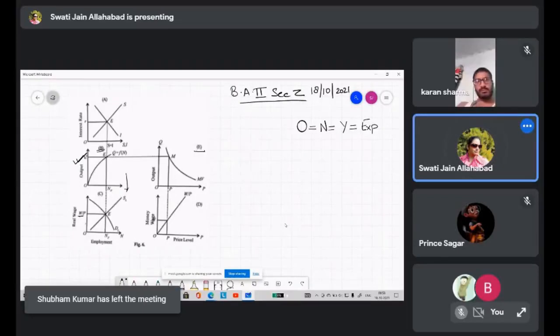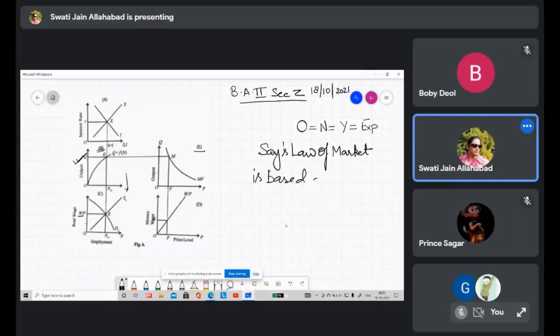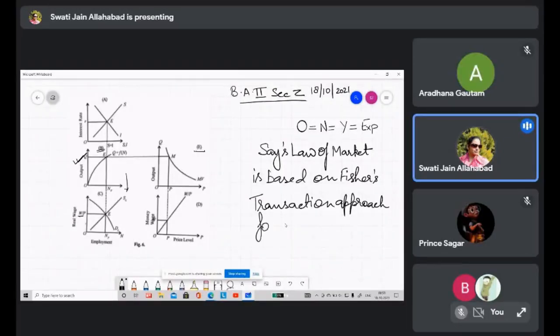So Say's law of market is based on Fisher's transaction approach for money demand, which is explained as MV = PT.